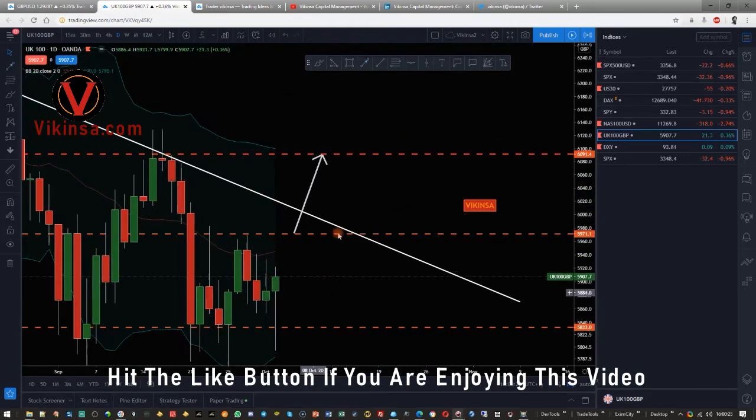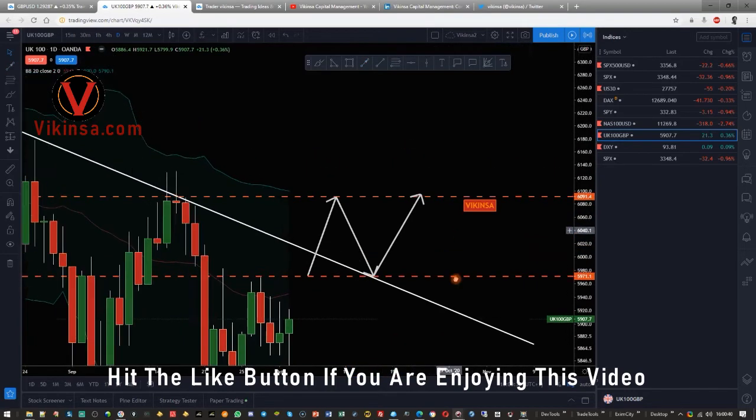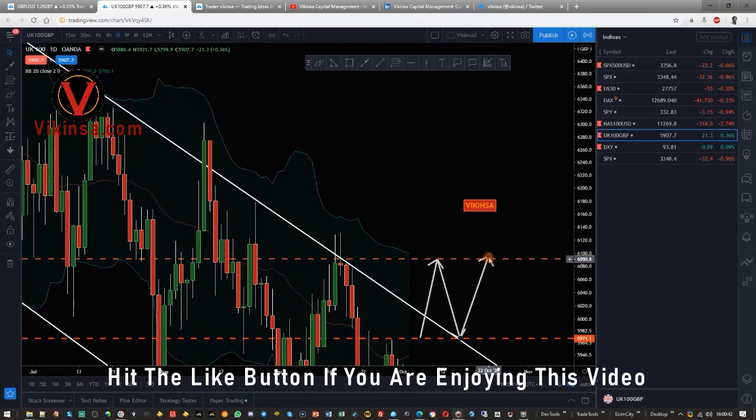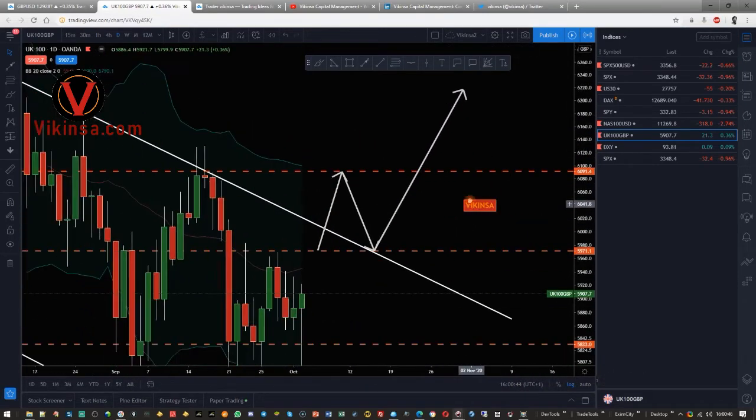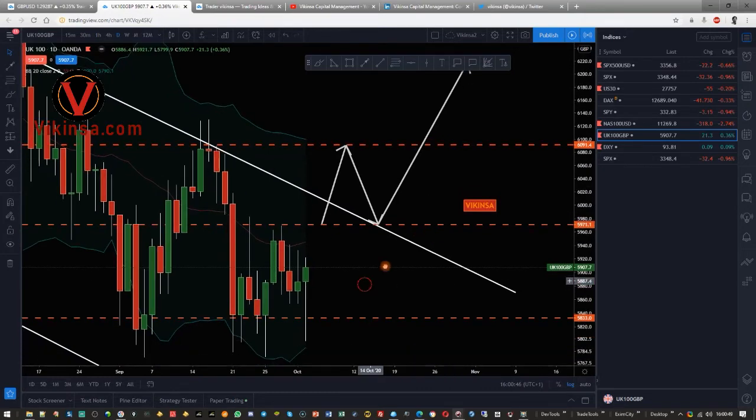Then it will probably perform a retest of that trend line that we saw on the higher time frame. If that retest is successful, then I'll look for another long position, and if that gets broken, then we are looking for long positions coming somewhere around here. So that is going to be my plan for FTSE 100.